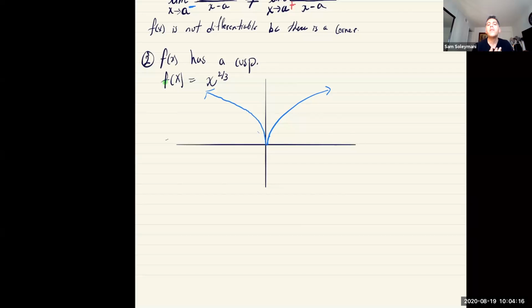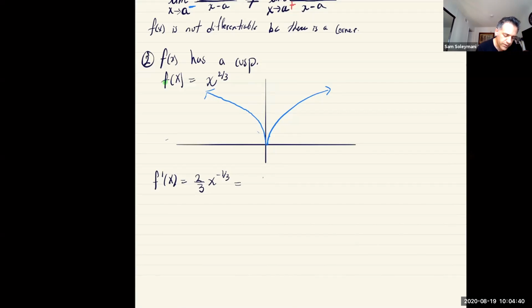But what proves that this is a cusp? Well, let's look at the derivative here quickly. The derivative function f prime of x is 2/3 x to the power of negative 1/3, or you can write that as 2/3 over x to the power of 1/3, or cube root of x.